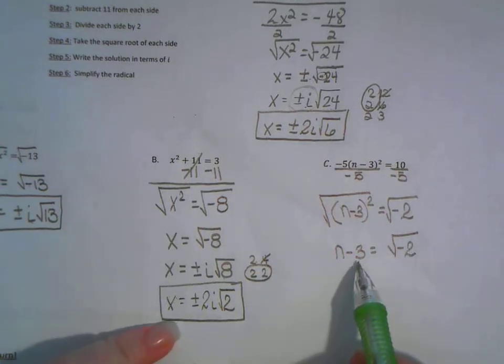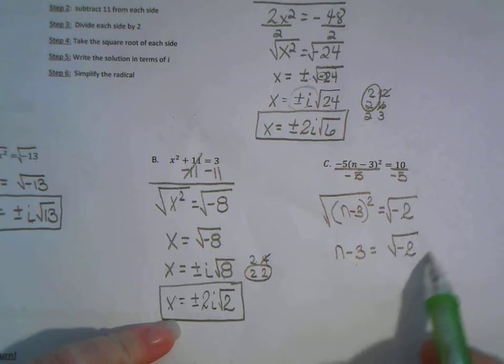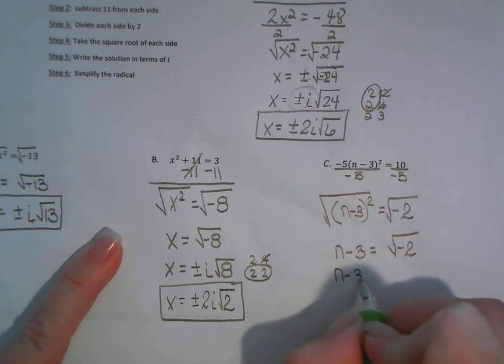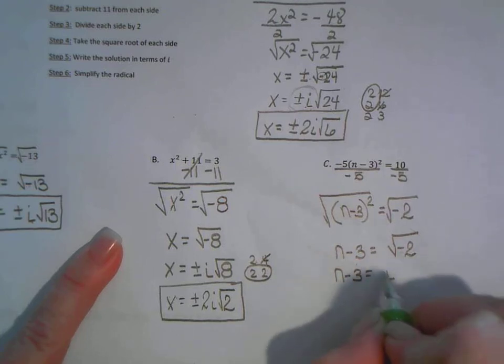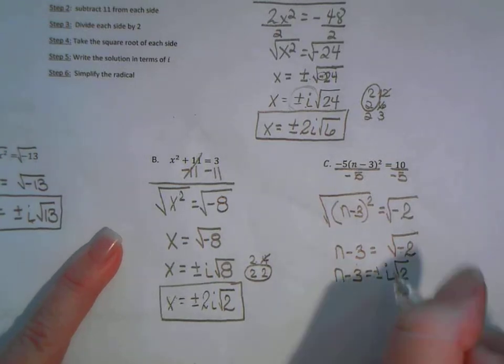Okay? We still have something over here we need to move, but my word of advice to you is to simplify this first before you do anything else. So n minus 3 equals, take that negative out, so you have plus or minus i square root of 2. That can't be simplified, so that's as far as it goes.